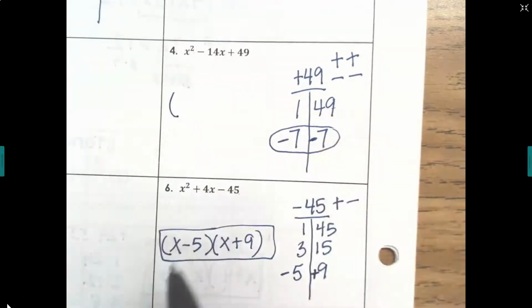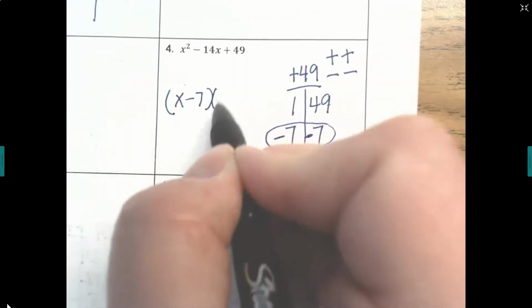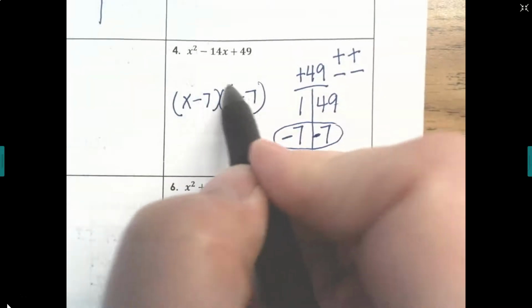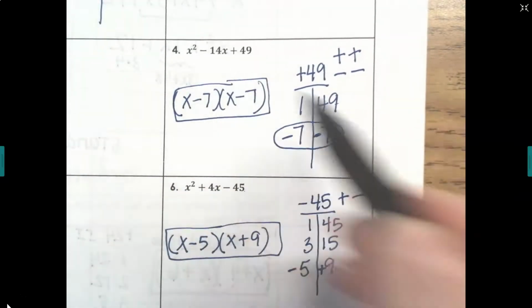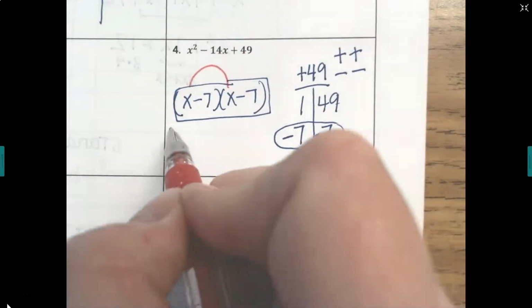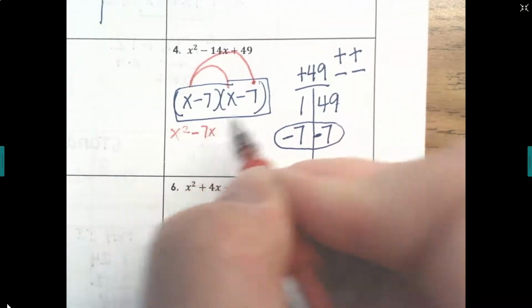We're going to write this in factored form. The x's get split up, and it's x minus 7 and x minus 7. Okay, and so let's double check this one, just so you can see what happens. So we have x times x is x squared. X times negative 7 is negative 7x.